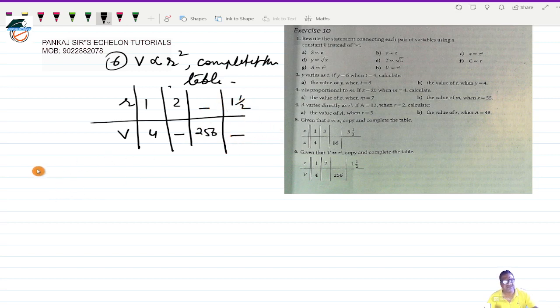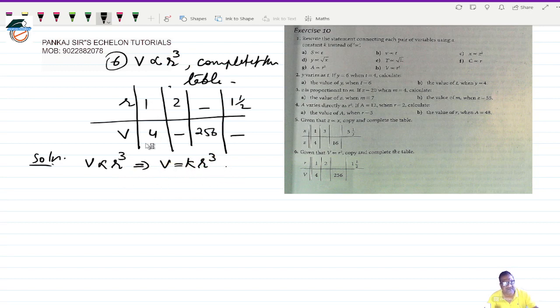Okay, so the solution is, we know that B is directly proportional to R cube, right? It is not square, it is R cube. So this implies that V is equal to K times R cube.